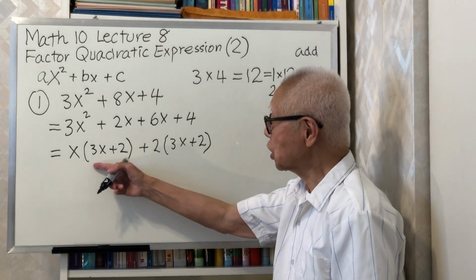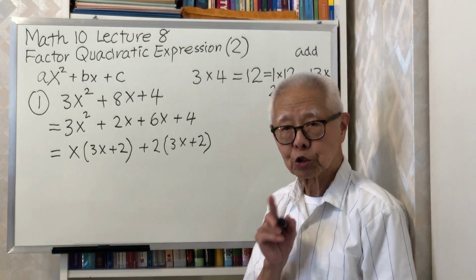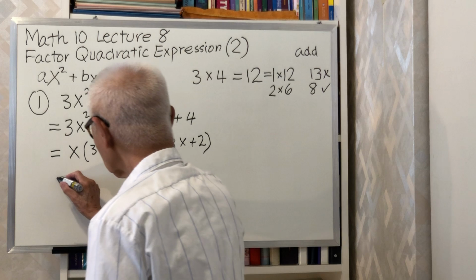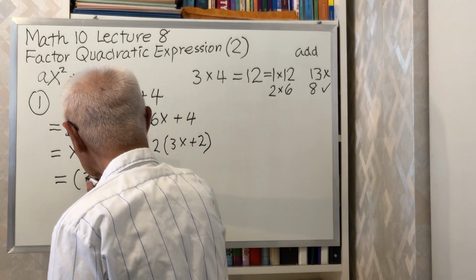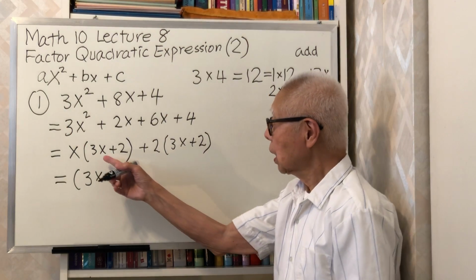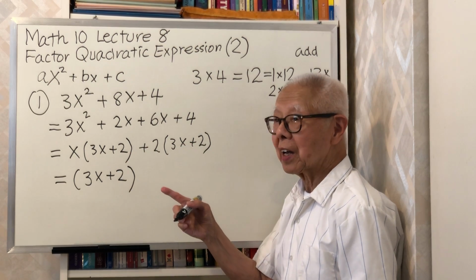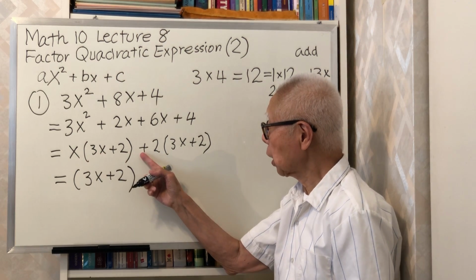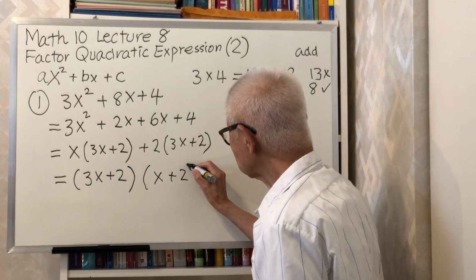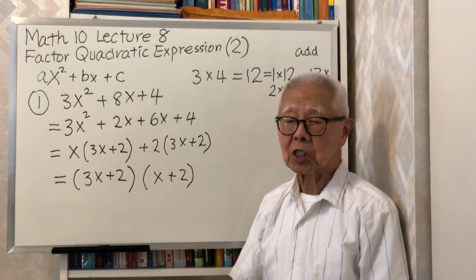You see, this bracket and this bracket are the same, so I can factor out the bracket. I factor out 3x plus 2. And what I have left is x plus 2. This is my answer.